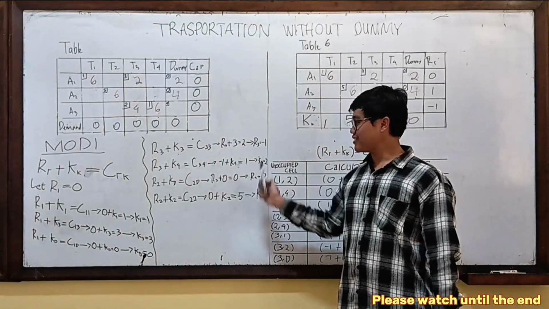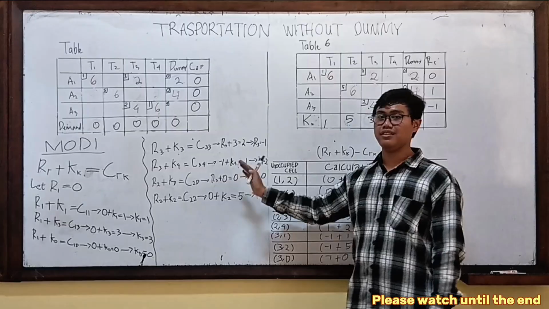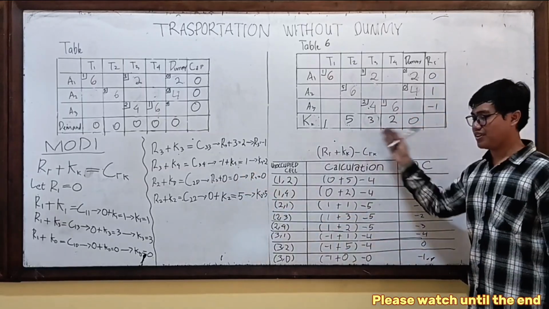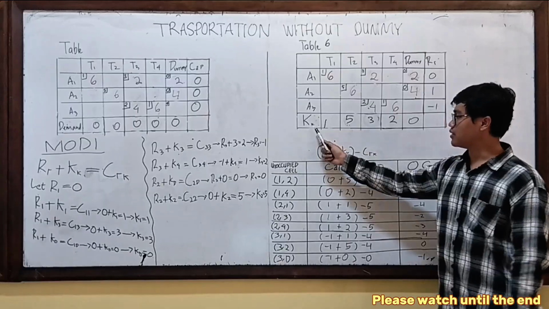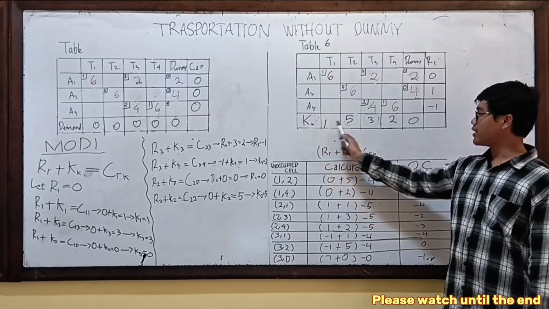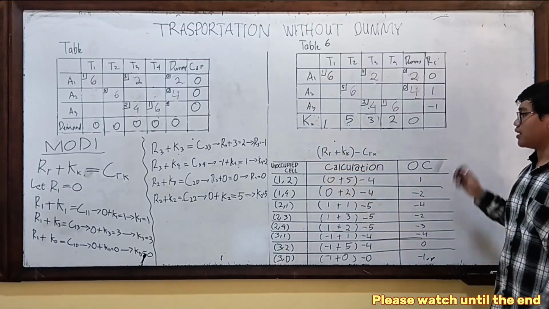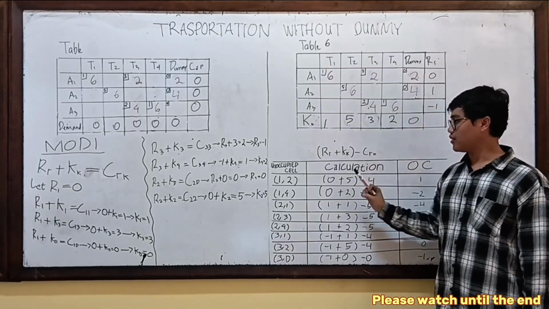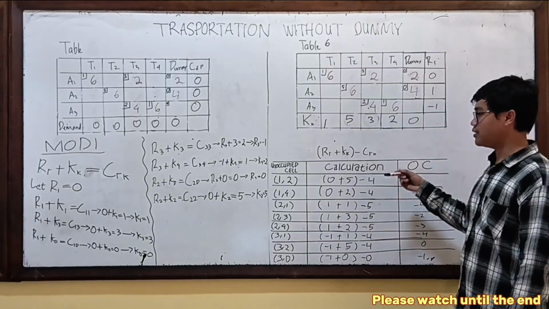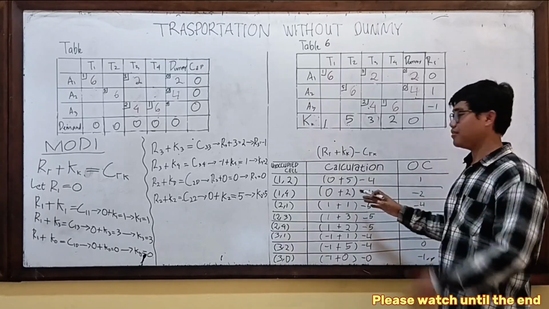Next we put the values of R and K in this table, so we can more easily measure the quantity table. This is the output value of K in the K column and R in the R row. And next we find our quantity table.